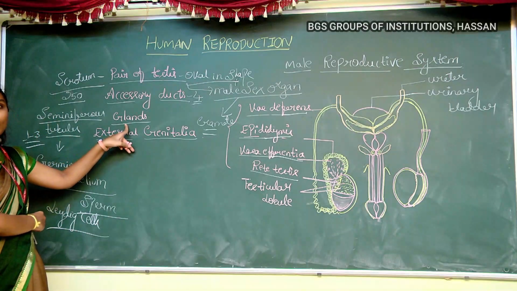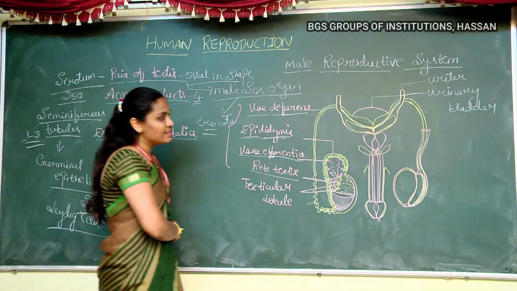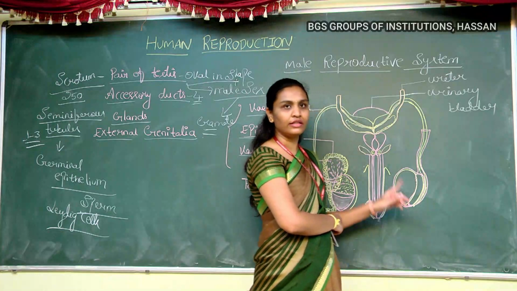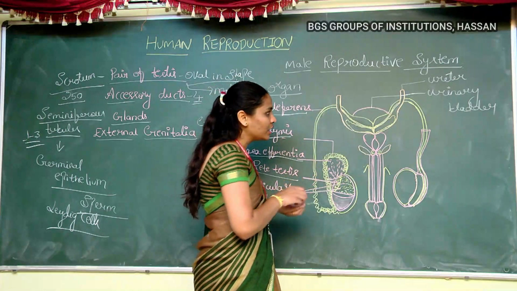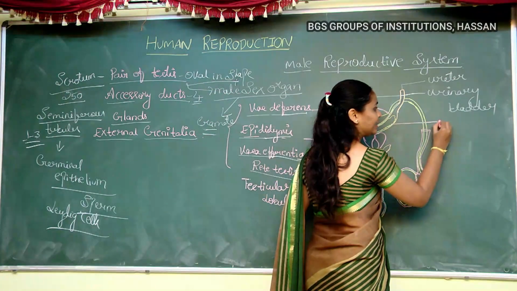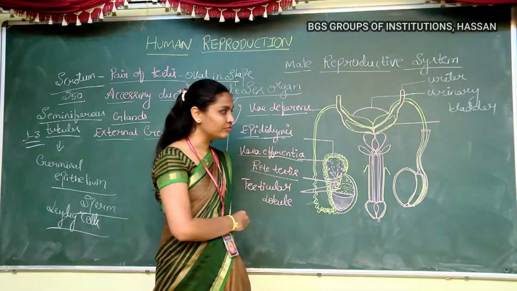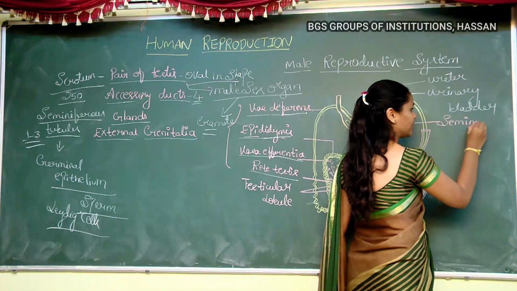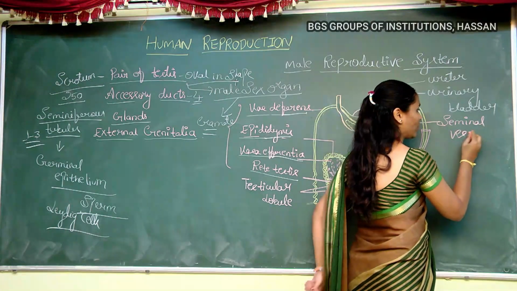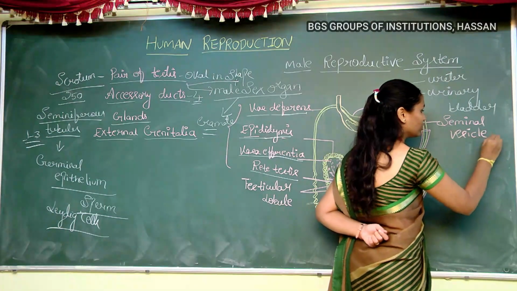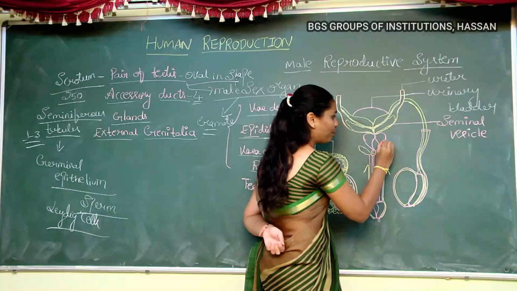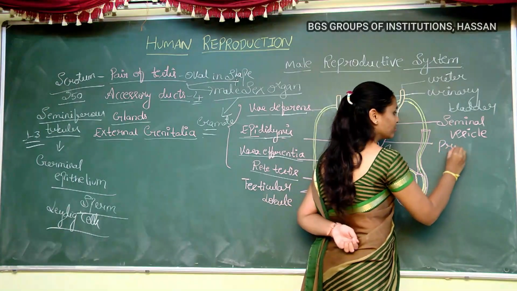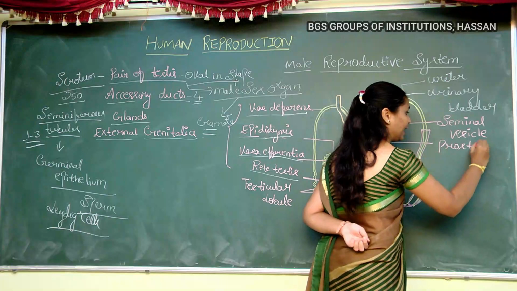The next, let us move on to the accessory glands. There are 3 accessory glands in the human male reproductive system. The first one is the paired seminal vesicle, and prostate gland.